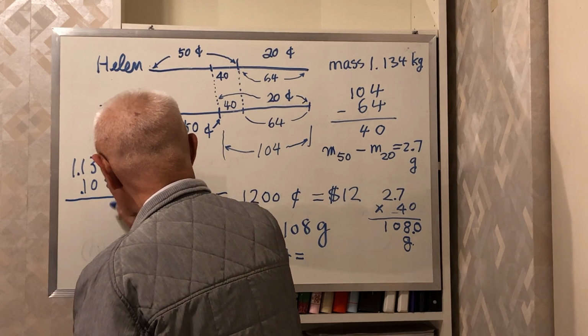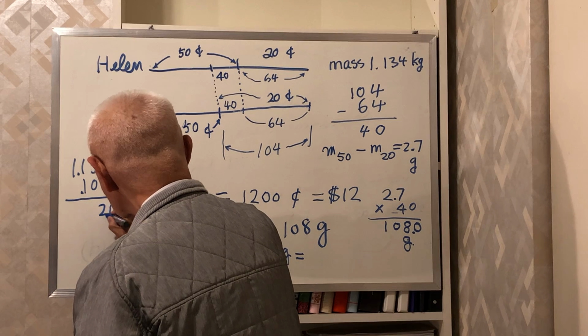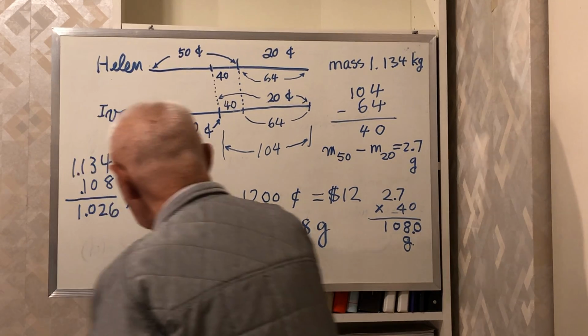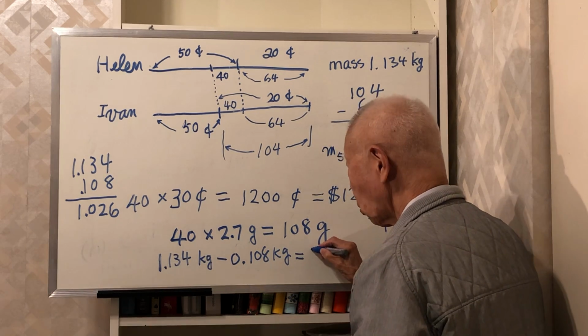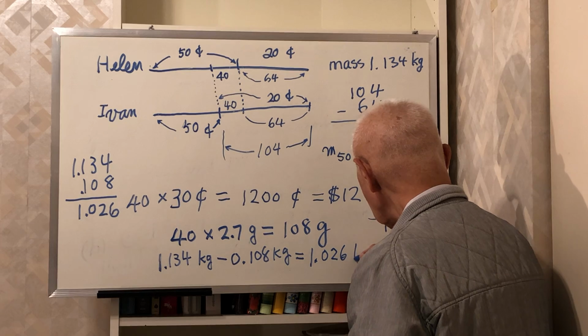So what is this? 6, 2, 0, decimal 1. So this is 1.026 kg.